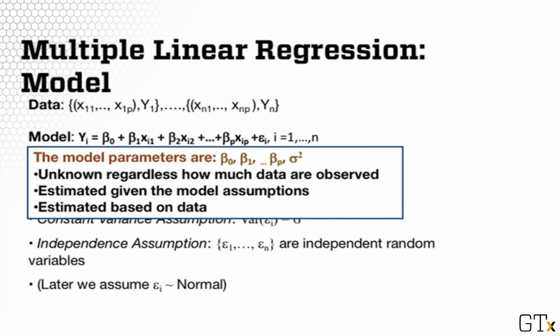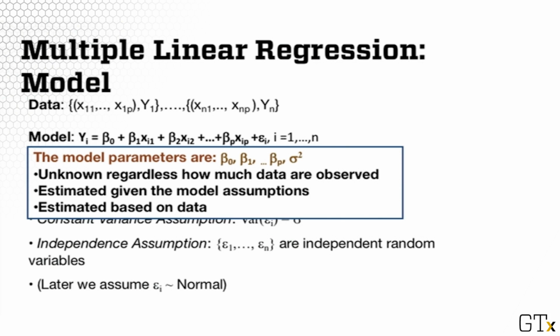Another important consideration in statistical modeling is identifying the model parameters that are to be estimated using the observed data. In the linear regression model, the parameters defining the regression line, the betas, beta 0, beta 1 to beta p, are parameters, but we also have an additional parameter, the variance of the deviances, denoted with sigma squared.